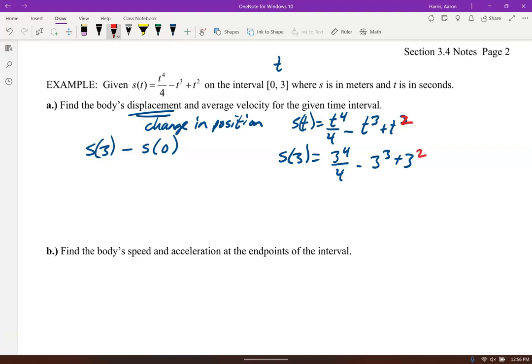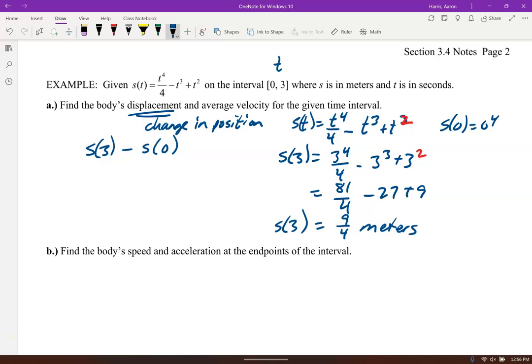Sorry about that. So we got 9/4. This is in meters. Plug in 0 now. So I got 0 to the 4 over 4 minus 0 cubed plus 0 squared. It looks like that is 0 meters.